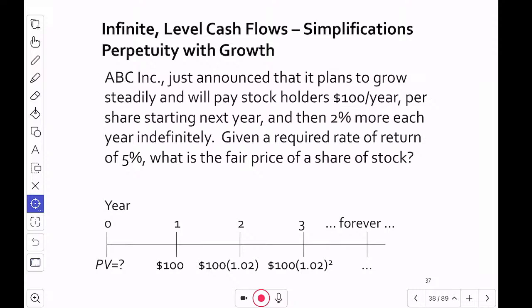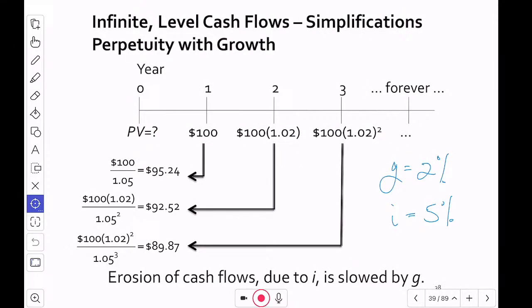If they weren't investing in ABC, they would search for an investment that promises, or historically, or they anticipate will give them that 5%. So that's the one that they use. That's their prevailing interest rate, their rate of return. The G represents the growth of the cash flows.